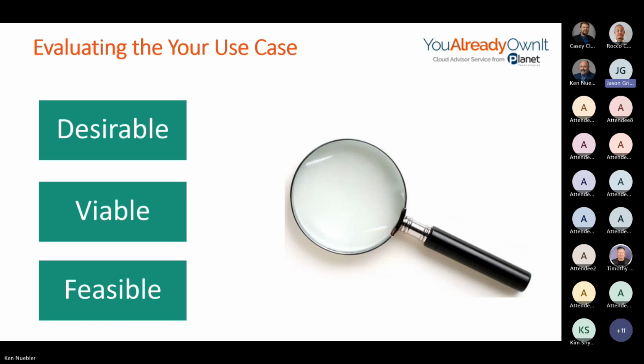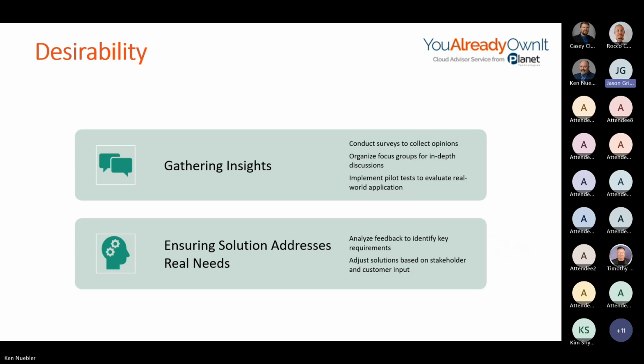So when we drive into each of these very specifically around desirability, it's gathering the insights. Your business stakeholders, your teams, they know where the business challenges are. They know where the productivity gains can happen. And so it's important to have those discussions and conduct surveys to collect opinions, have focus groups, implement pilot or data exploration tests to evaluate real world application.